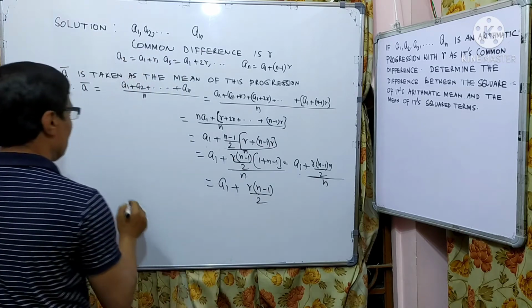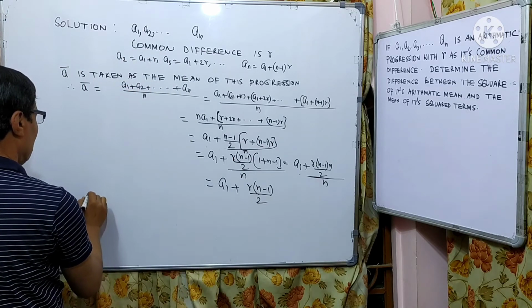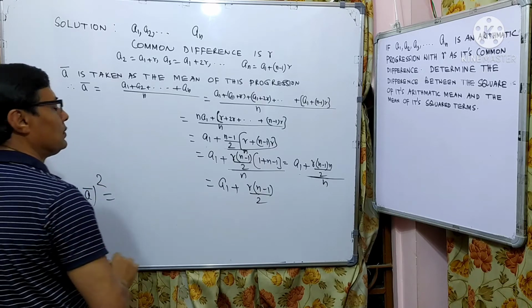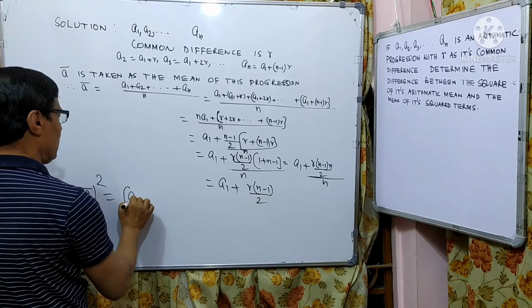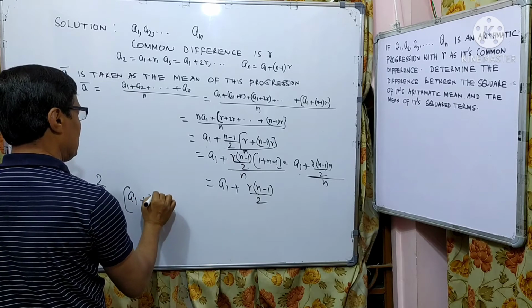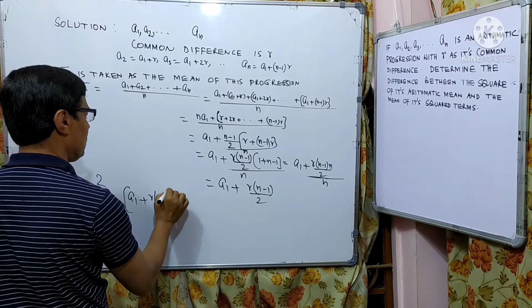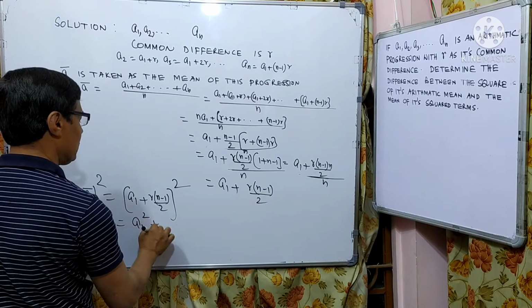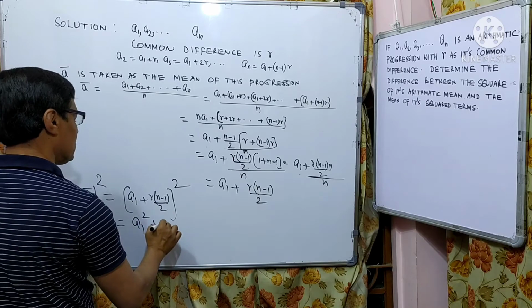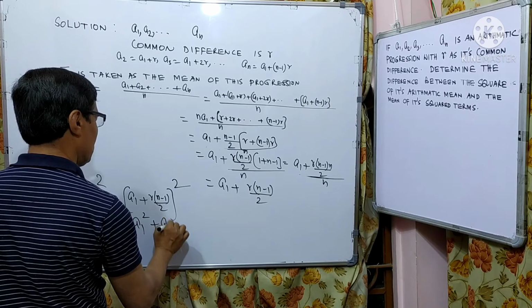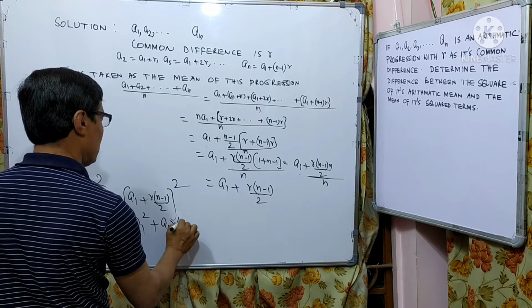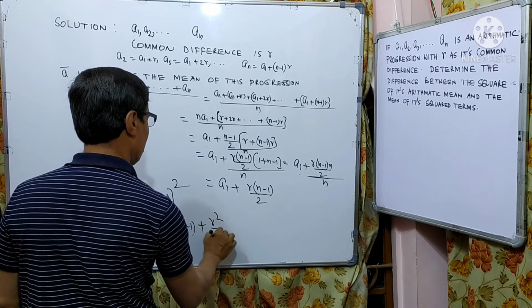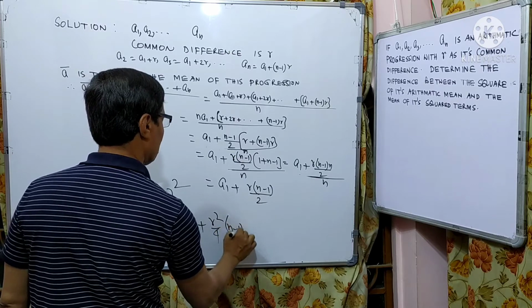So the square of the mean is equal to a1 plus r into n minus 1 over 2, squared. This is equal to a1 square plus 2 a1 into r into n minus 1 over 2, plus r square over 4 into n minus 1 square.